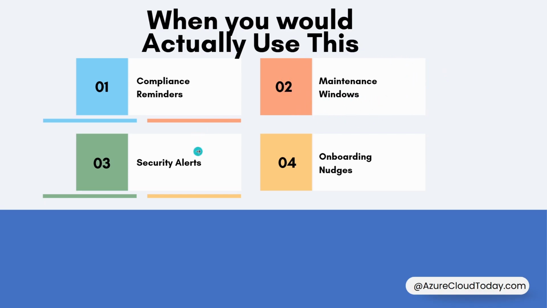If there are any security threats and you want to notify a particular set of users, then you can make use of custom notifications. You can also send out a push notification for newly joined members with a welcome message and also notify them of the next steps that they could take.